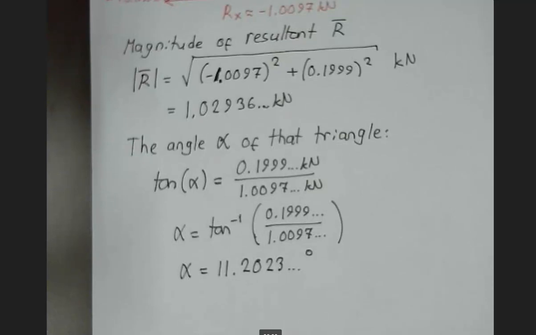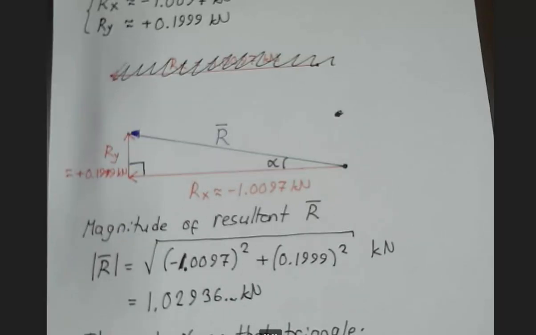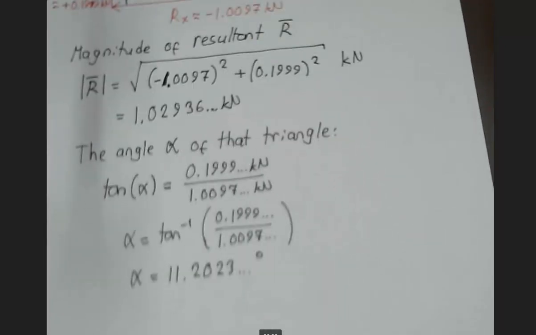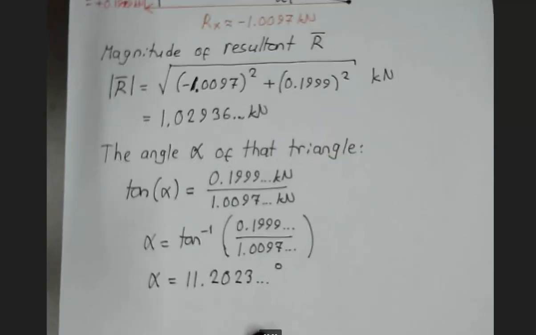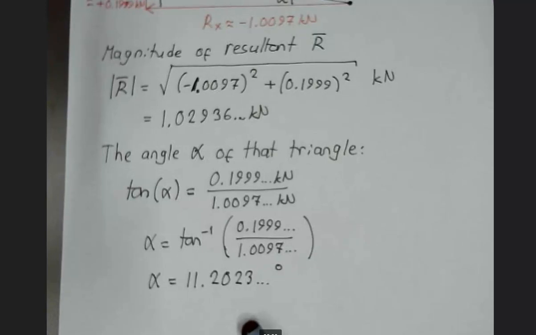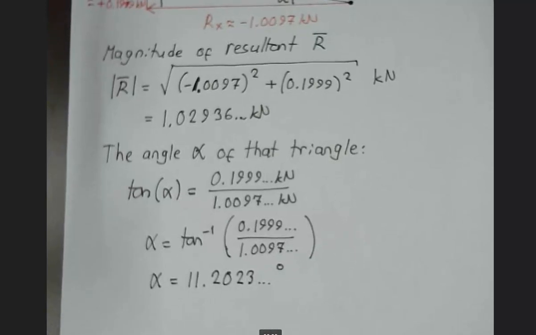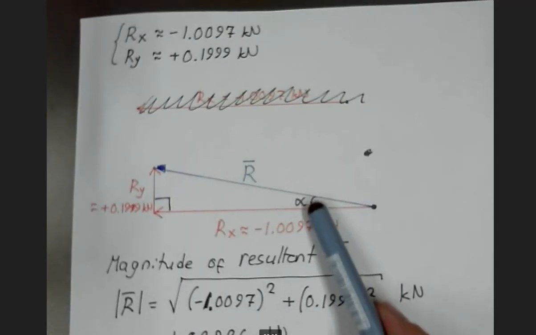But this is not yet the direction, because this only tells us that this is an angle which that vector has with horizontal plane here.